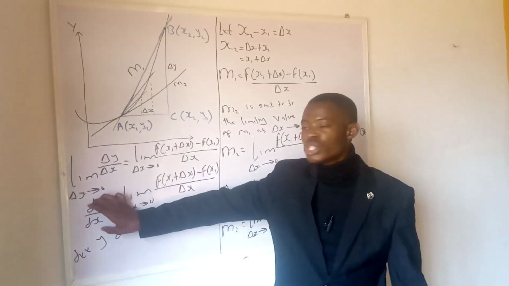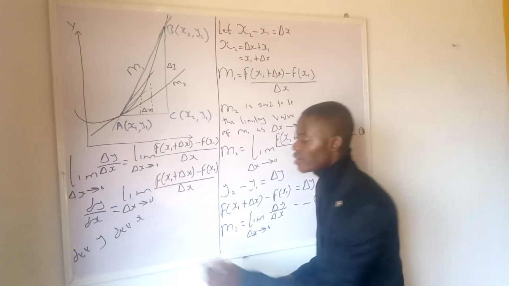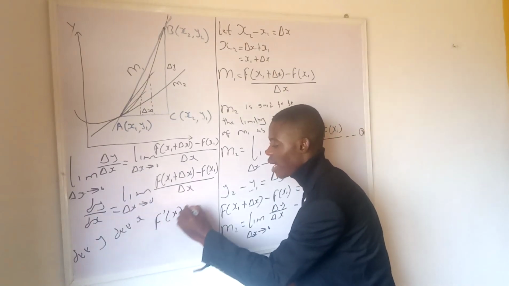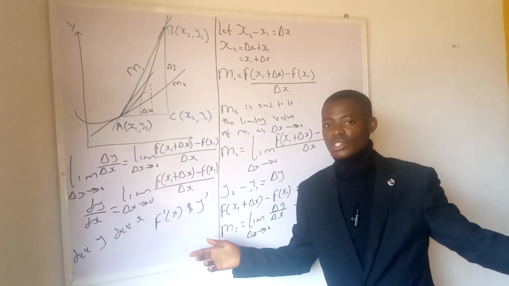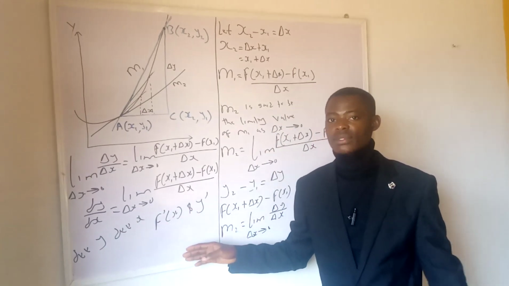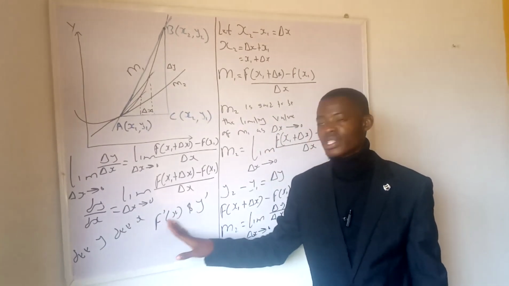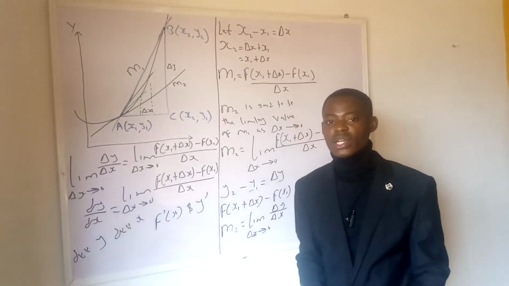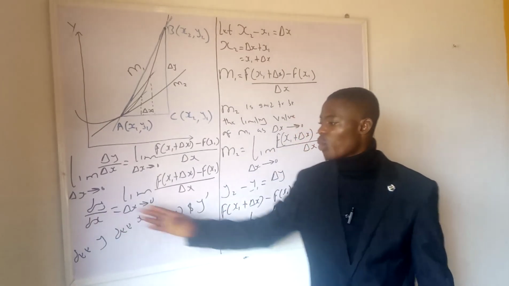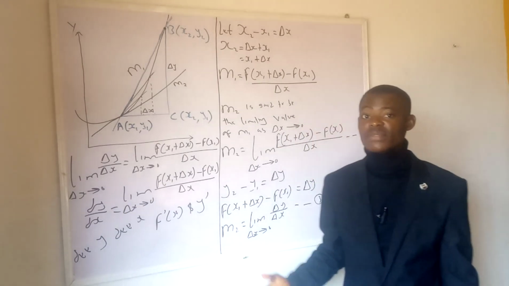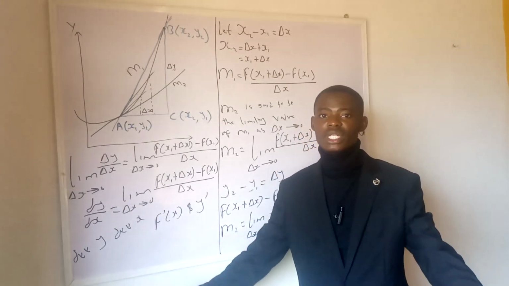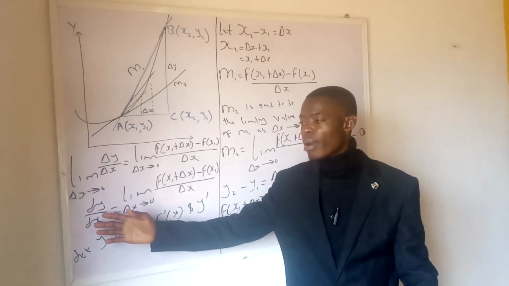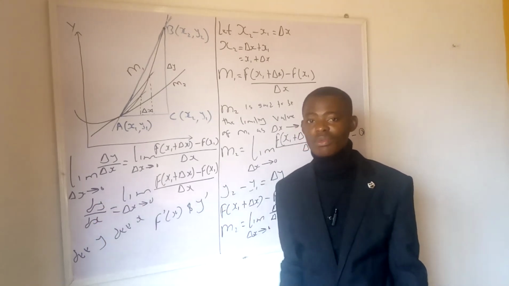Now, there are some other notations used to represent dy dx, and that is f prime of x and y prime. Okay, I have a video which I use to explain most of this. You can check it out in the description. So if you see f prime of x and y prime, it's still the same as dy dx. Sometimes dy dx is referred to as the differential coefficient of y with respect to x. In fact, as you proceed forward in calculus, more meaning about dy dx will be unfolded.